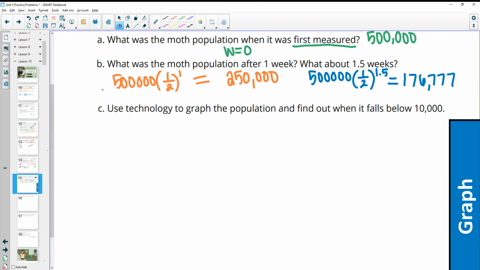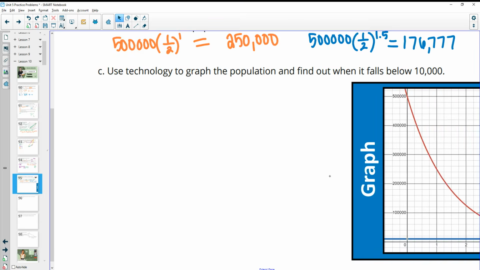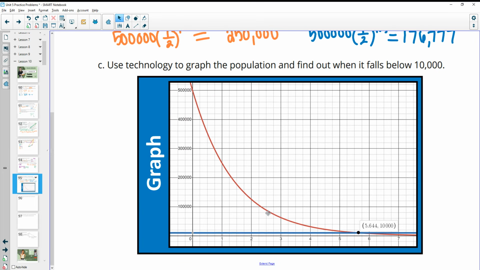Then it says use technology to graph the population and figure out when it falls below 10,000. So I went to Desmos and graphed this. Okay, I made sure to change my window so that I could see what was going on. So notice for my x's, my minimum x is about -1, and then my maximum x is about 8.